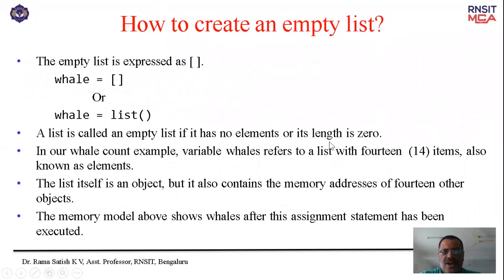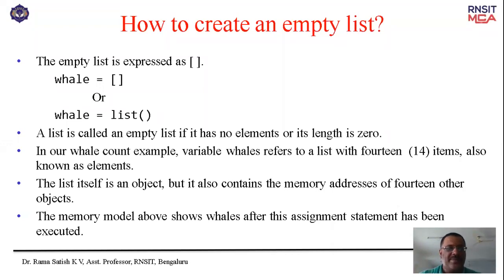Next, how to create an empty list? Very simple. Look at here. In order to create an empty list, you just have to write empty open and close brackets, that is square brackets.